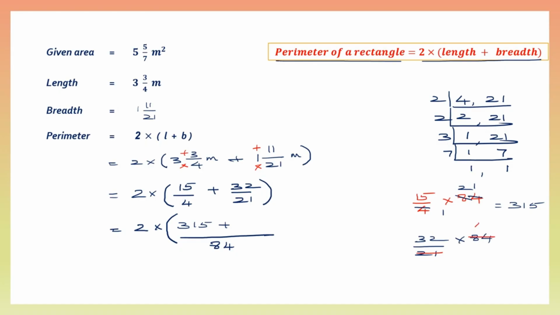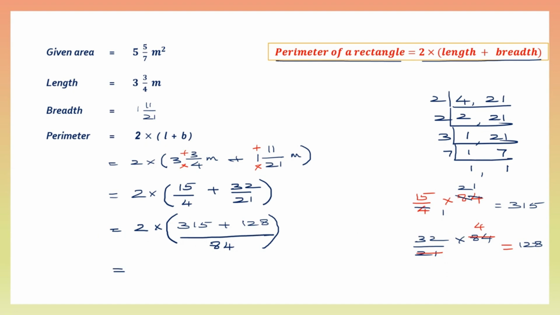21 fours are 84. Now multiply 32 into 4. So 32 into 4 will be 128. So let's write that there, 128. So this time we used a different method to find the new numerators. Now let's continue.